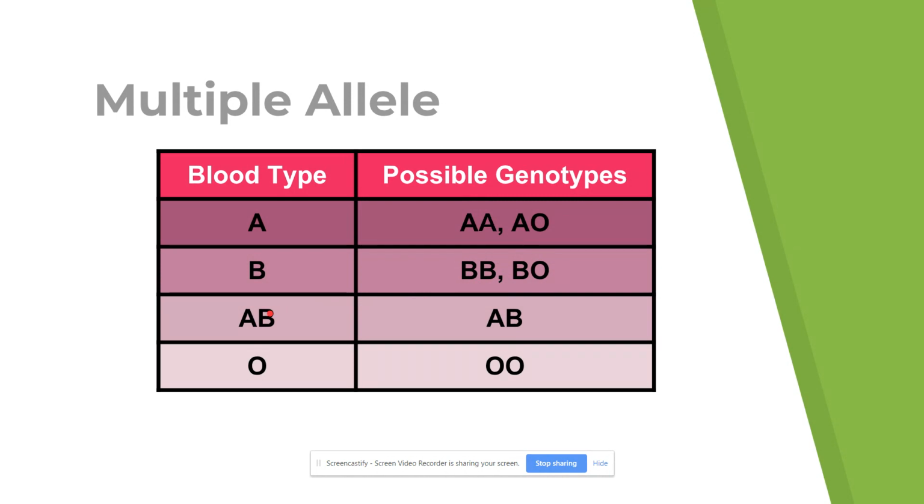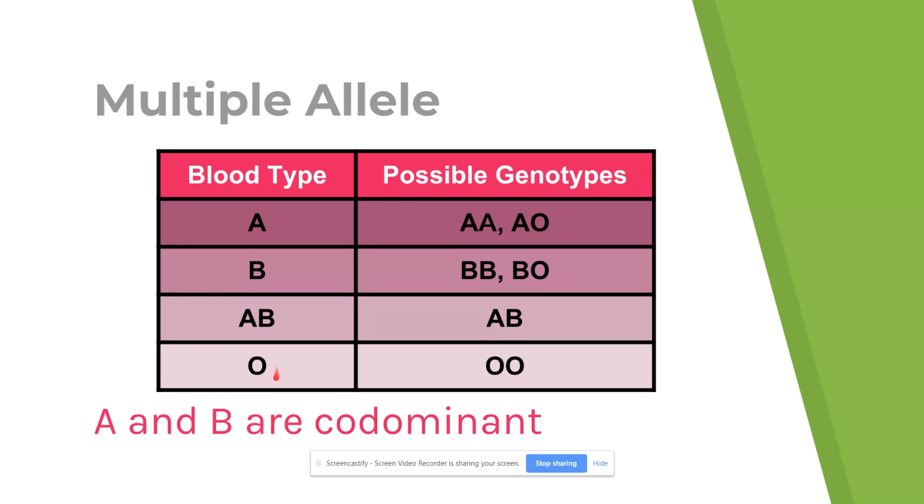In order to have blood type AB, we have to inherit the allele A and the allele B, and those are going to represent codominance. So these are going to be codominant alleles so that you have AB blood, not just A and not just B, both together. And then in order to have O, you have to have OO in your DNA.